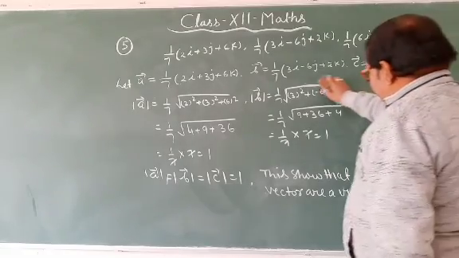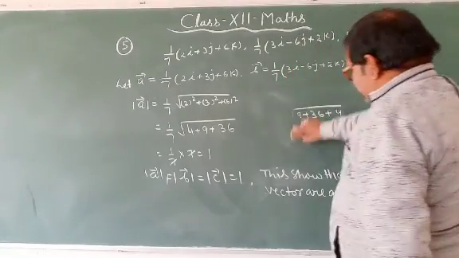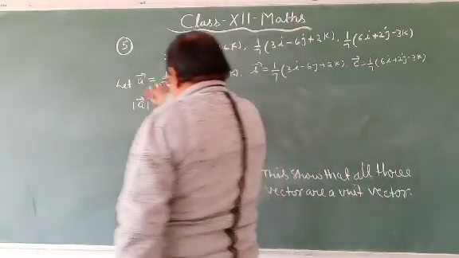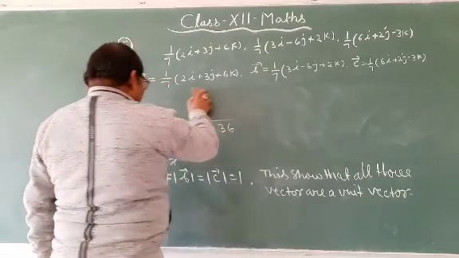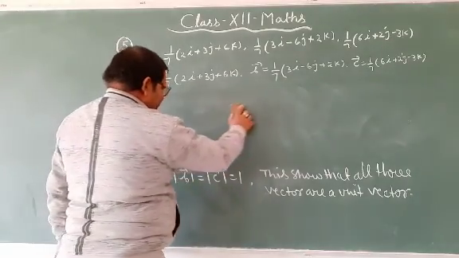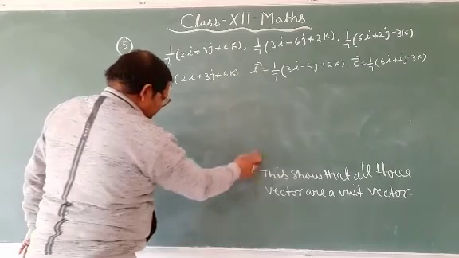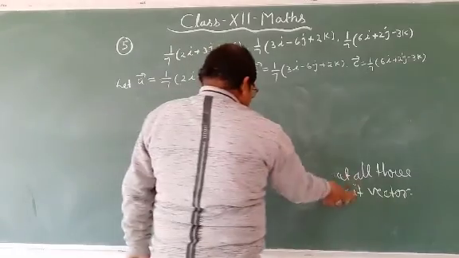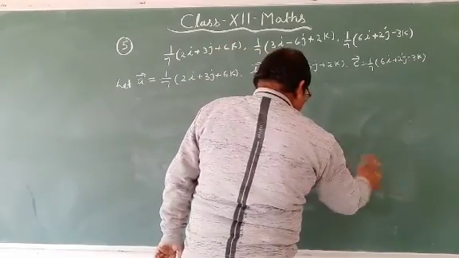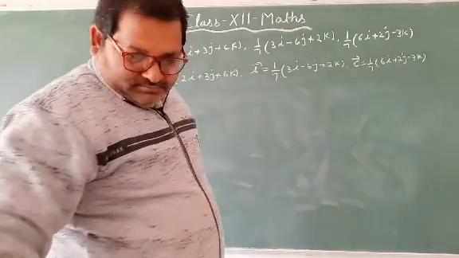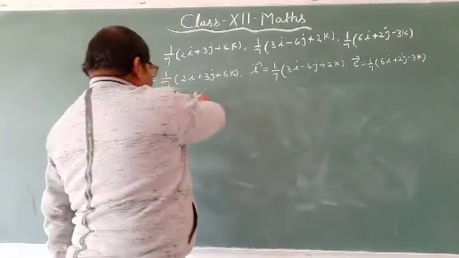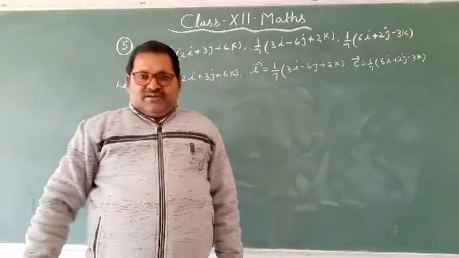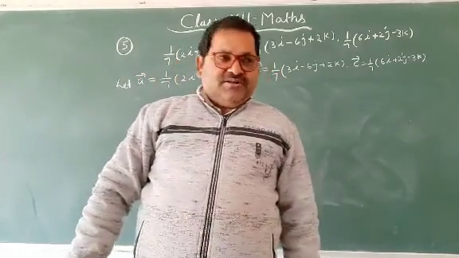If the scalar product of two vectors is 0, then the vectors are perpendicular to each other.